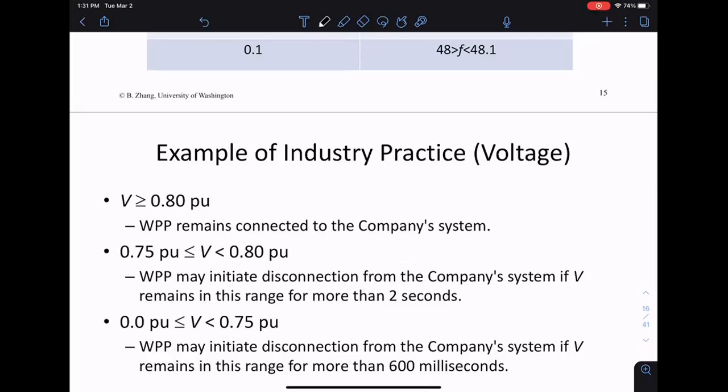For a wind turbine, are you more sensitive to frequency, or are you more sensitive to voltage? Think of type 3 and type 4. Which one are you more sensitive to?